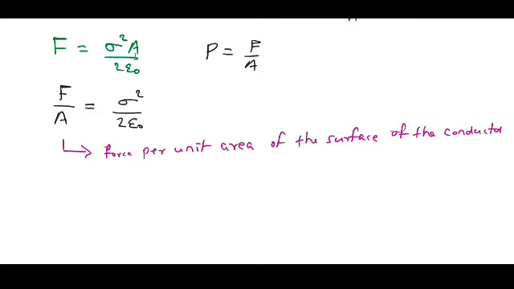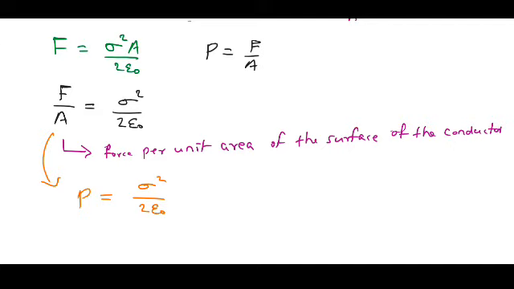That is nothing but pressure, P, which can be written as sigma square divided by 2 epsilon 0.